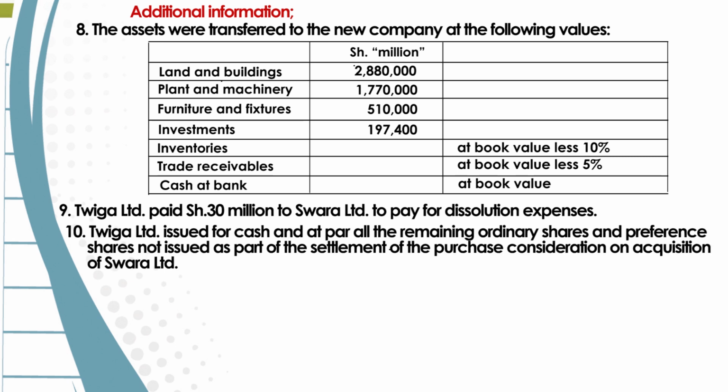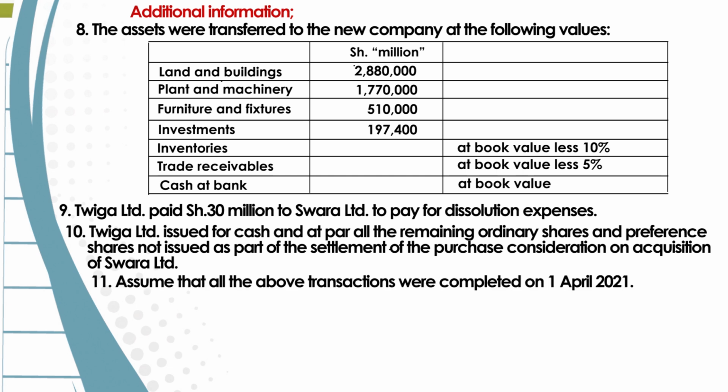And 10, Twiga Limited issued for cash and at par all the remaining ordinary shares and preference shares not issued as part of the settlement of purchase consideration on acquisition of Swara Limited. And note 11, we are told assume all the above transactions were completed on 1st of April 2021.